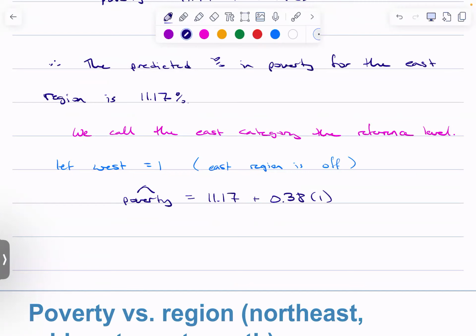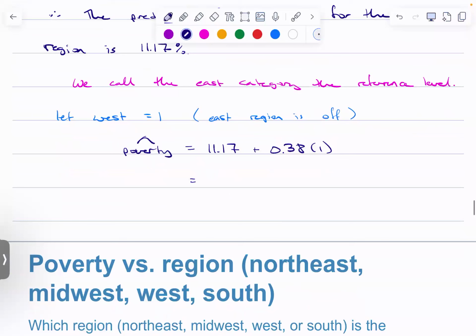So the West region has a higher predicted percentage in poverty by 0.38, because 0.38 times 1 is just 0.38. So 11.17 plus 0.38, I get 11.55.